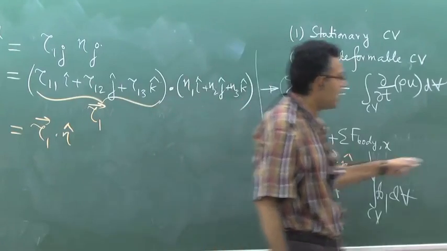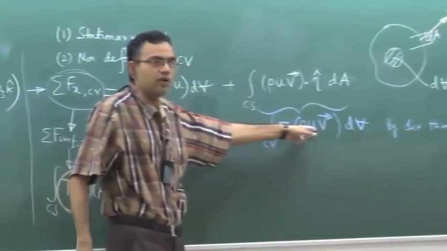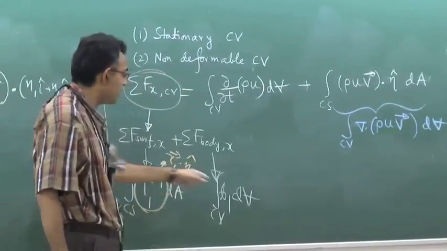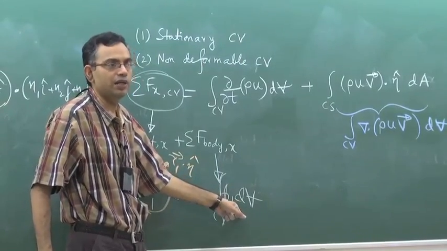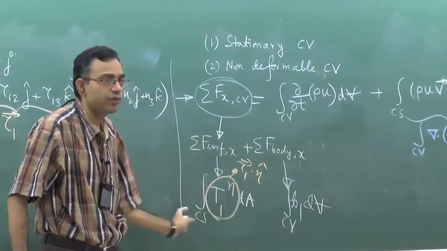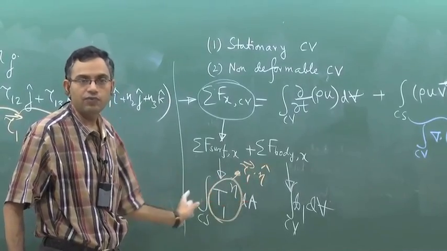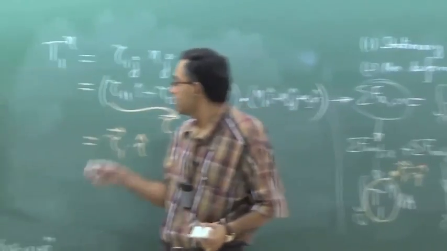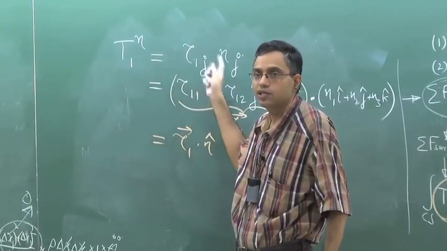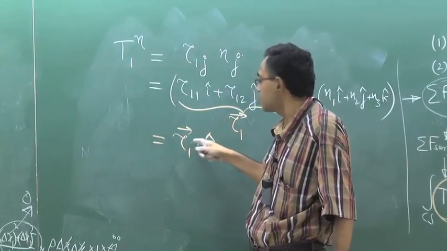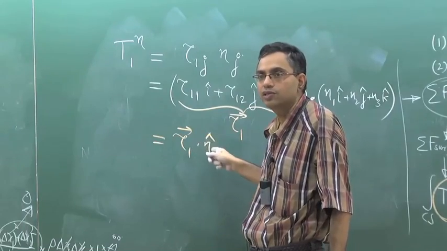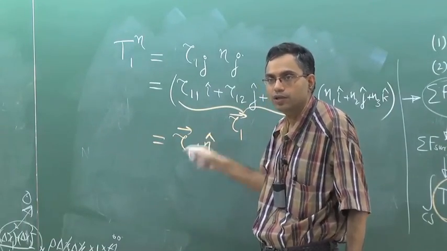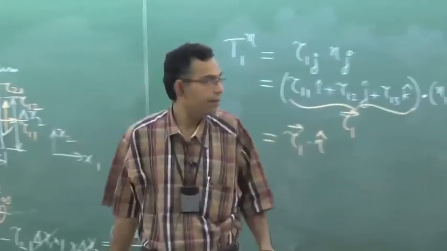So, if you see the right hand side, both the terms are converted into volume integral, and on the left hand side body force is automatically a volume integral. So, only the surface force has to be converted into volume integral, and for that the divergence theorem has to be used. That is why we have manipulated this in this way, so that it is expressed as a dot product, so that you can use the divergence theorem on this dot product. Okay.